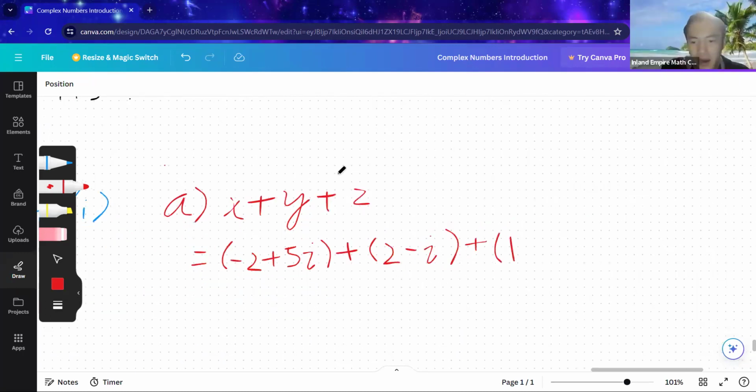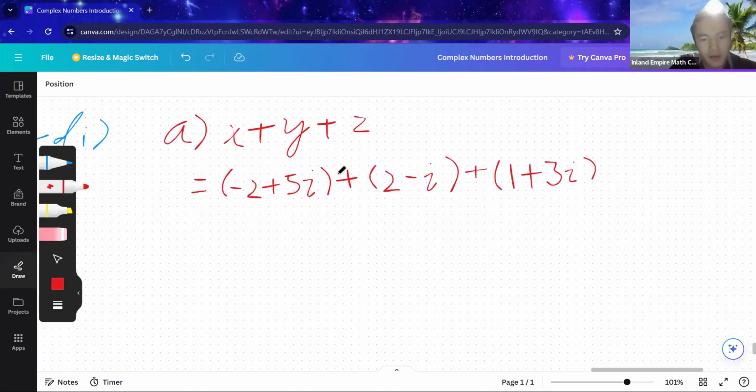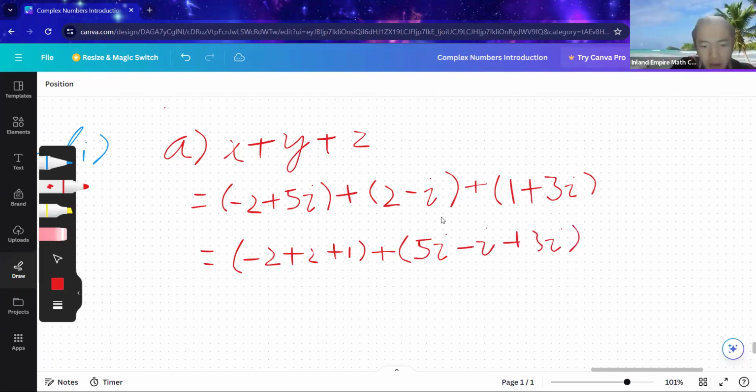Complex number arithmetic works by grouping similar terms, just like any other algebraic equation you'll ever work with. So you would have -2 plus 2 plus 1, plus 5i minus i plus 3i, and this should give you 1 plus 7i.